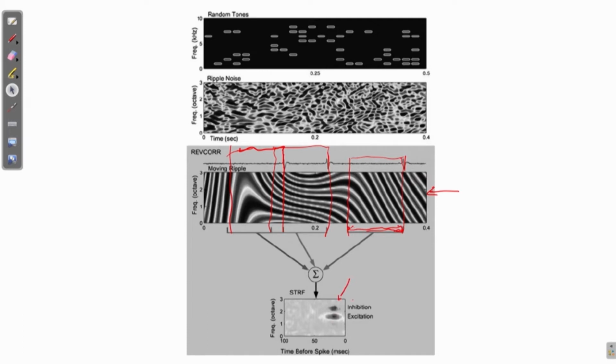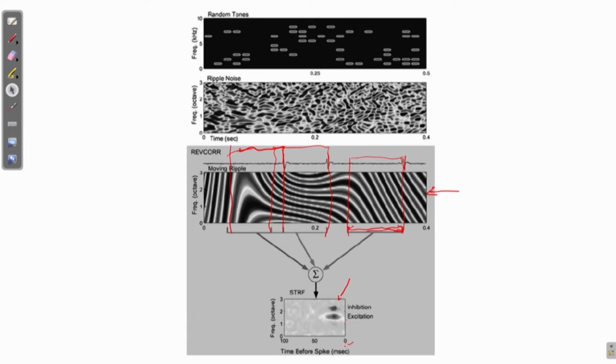This is a description of the sensitivity of the particular neuron we are recording from in terms of which frequencies, and also in time how it is weighing the past stimulus. So here when we say 0, note the time is 0 to 100, but it is actually time before the spike, so it is in fact going into the past.